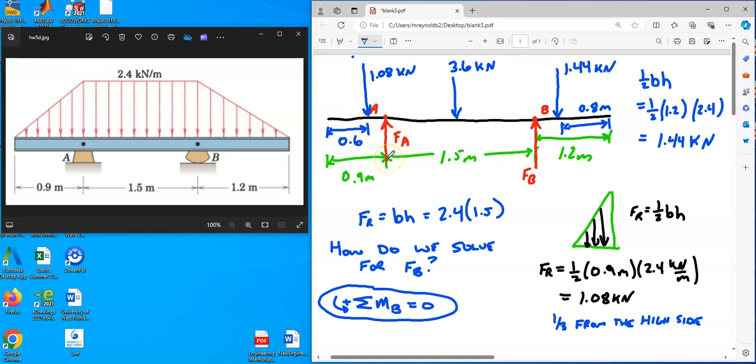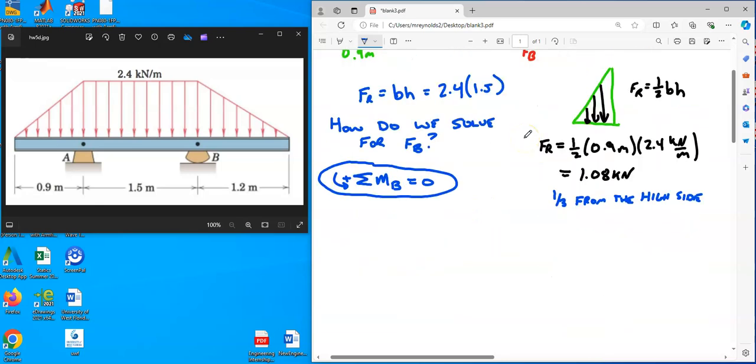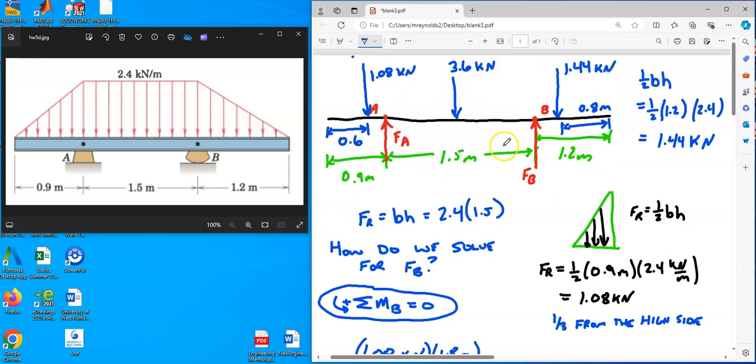If you think about it, because you're going 0.9 and then 0.9, the distance between the 1.08 force and B is actually 1.8. So if you write this out, it's going to be the force, 1.08 kilonewtons, times 1.8 meters. And then you ask yourself, how is that going around B? It looks like it's counterclockwise, which we say is positive. Counterclockwise around B.